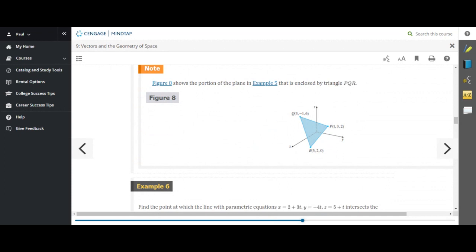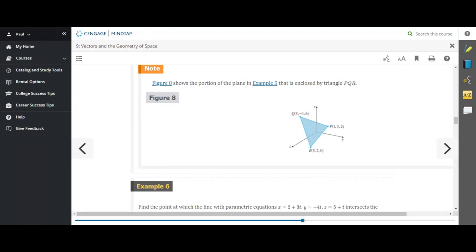We actually have 3 points in this example 5. But what else do we need regarding the plane? To find the equation of the plane, what else do we need to find in addition to that? Okay, that's right, Yeva. We need a normal vector to the plane. We need a vector that's perpendicular to the plane.